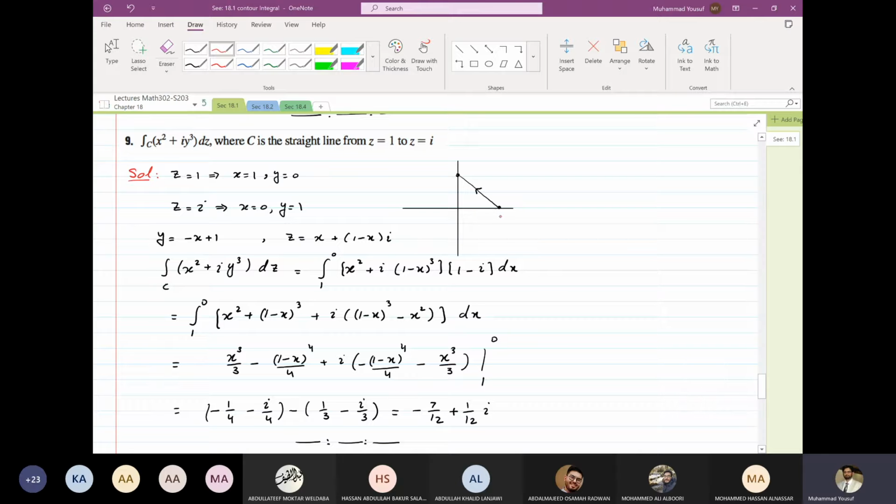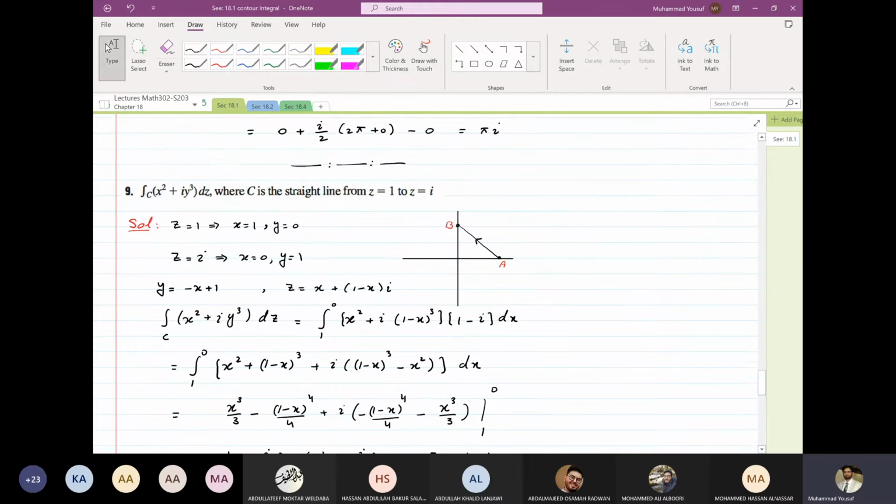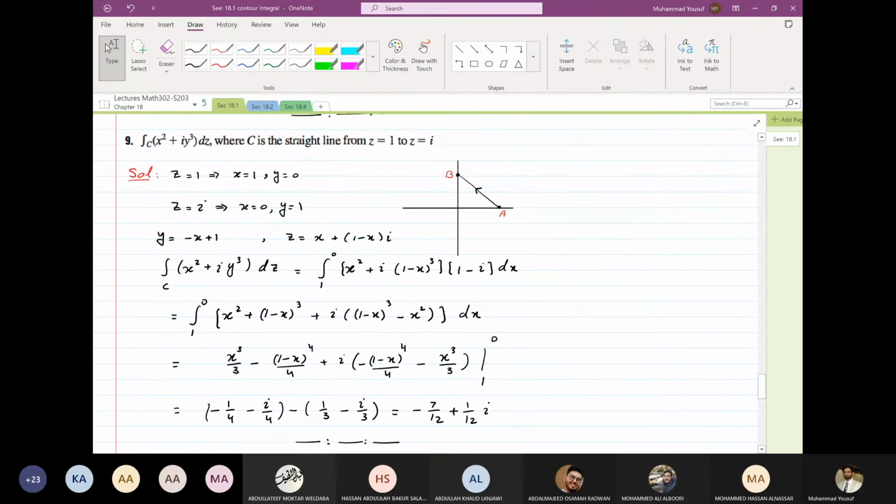Let me call it A. And the second part, straight line from z equal to 1, that is from A, to z equal to i, which has x equal to 0 and y equal to 1. So that point is here, and this is the line, curve C. So from A to B is the curve C.